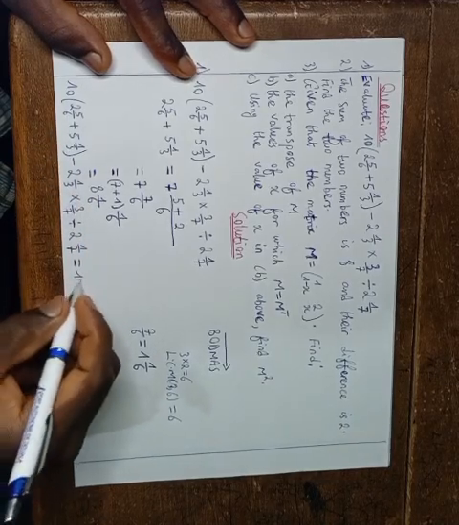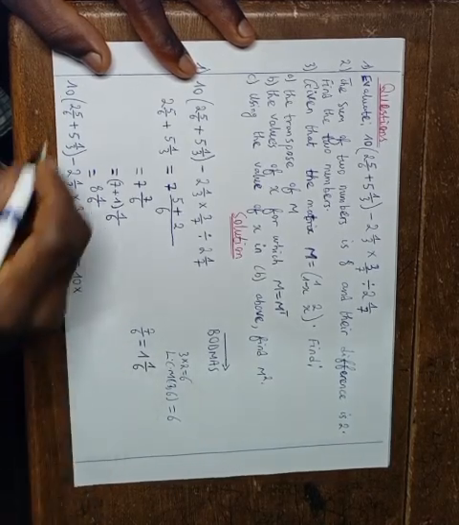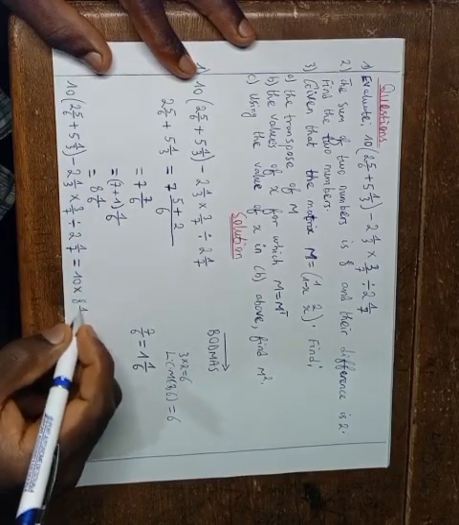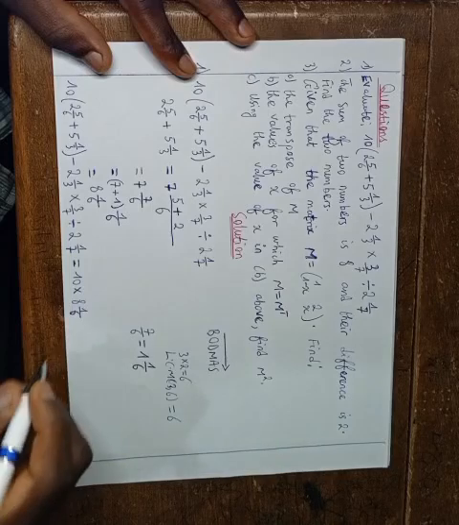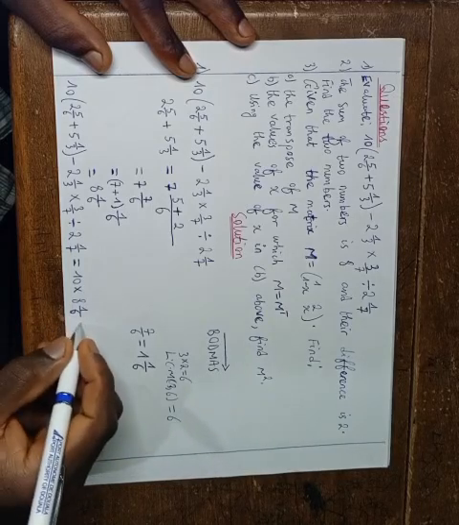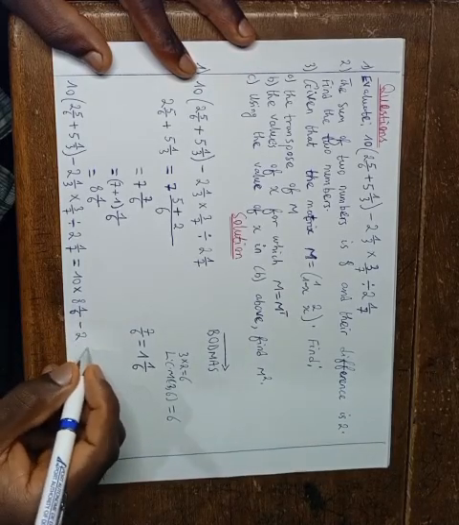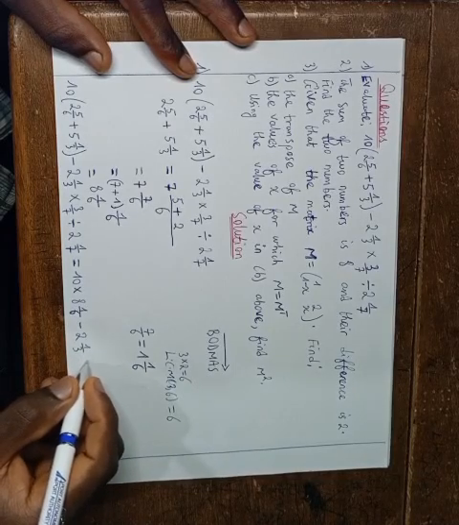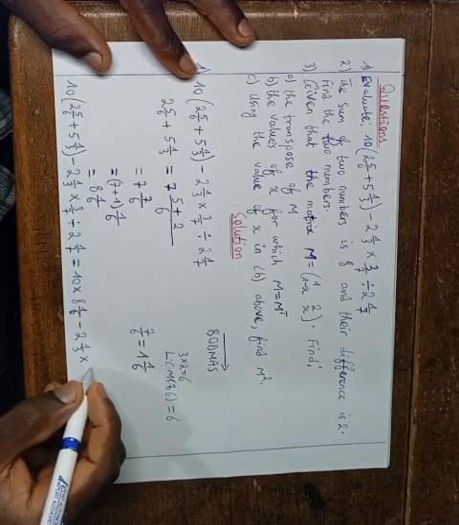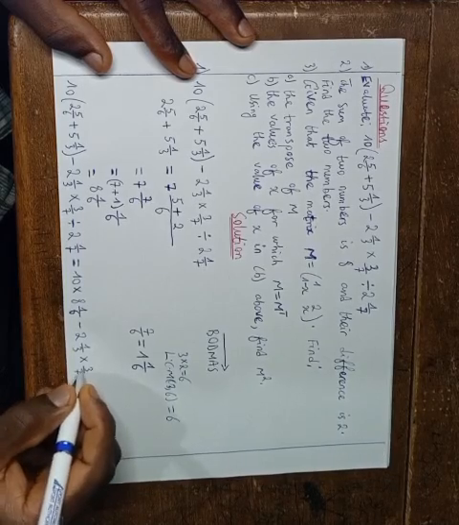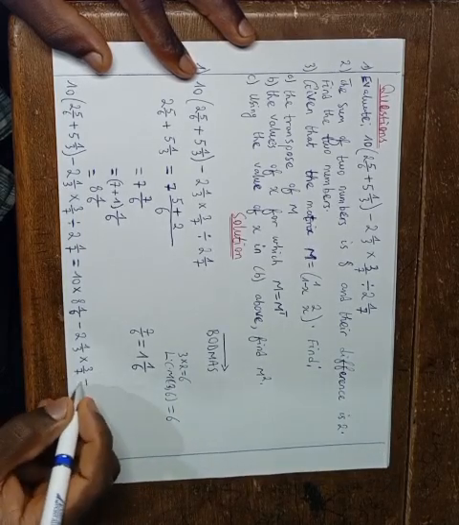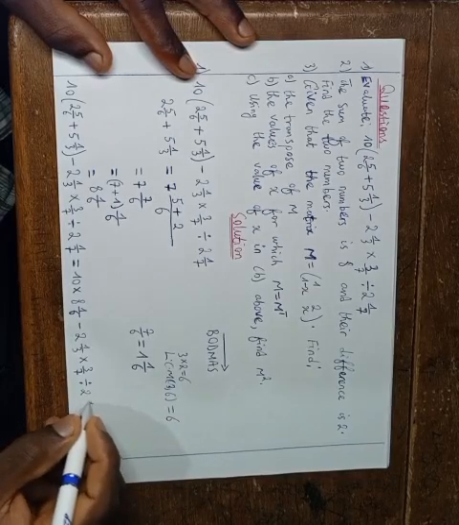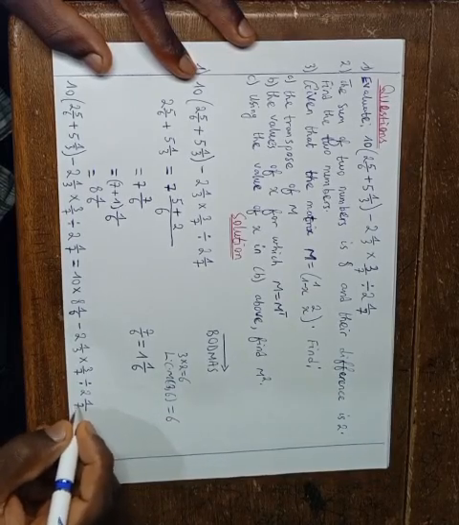So this will give us 10 times, remember these brackets are for multiplication, times 8 and 1/6 minus 2 and 1/3 times 3 over 7 divided by 2 and 1/7 as such.